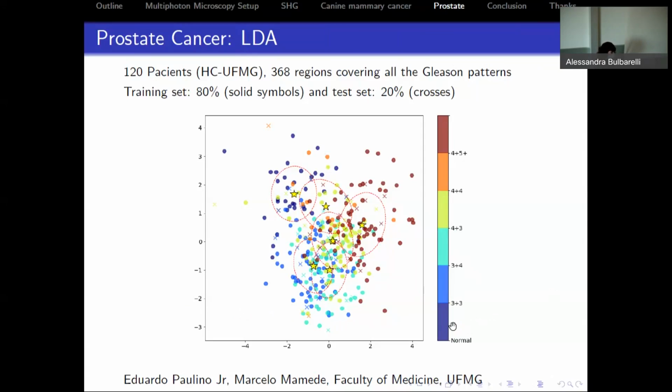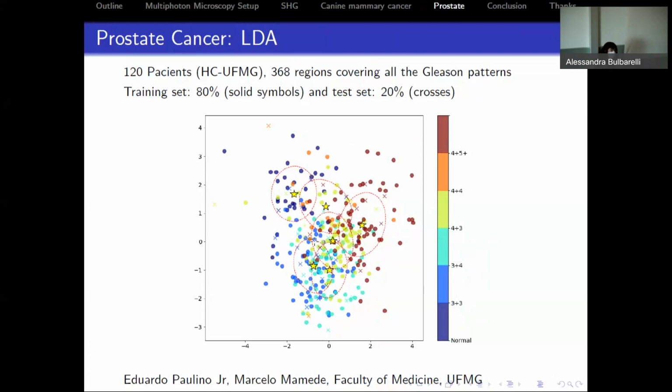The colors here are representing the Gleason patterns, 3 plus 3, and so on. And again, we can see that the blue region, which is this part of the graph, separates well from the more aggressive one. But this intermediate area here, which is the 3 plus 4, 4 plus 3, is quite well mixed.